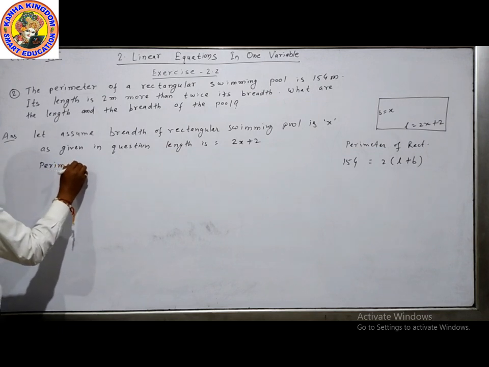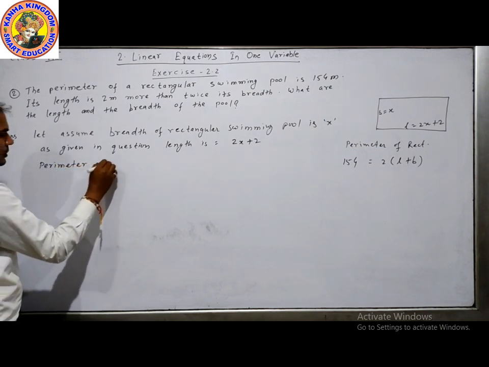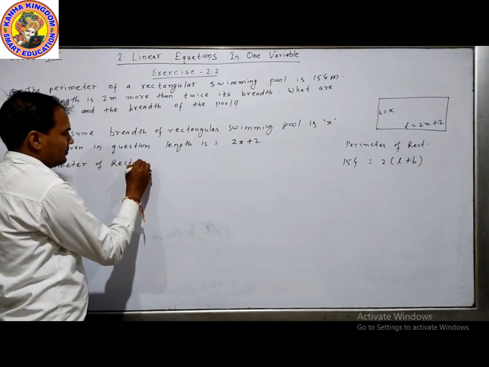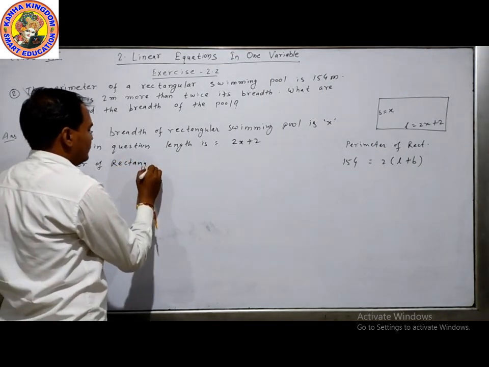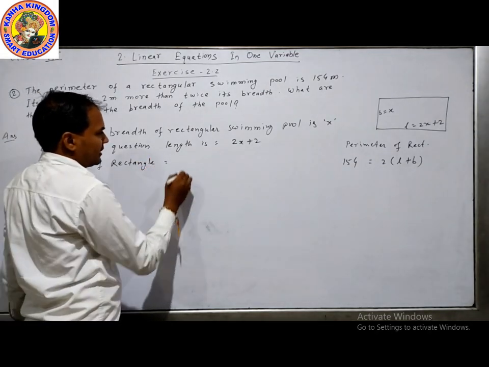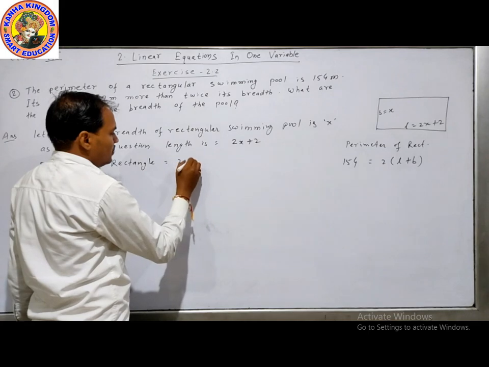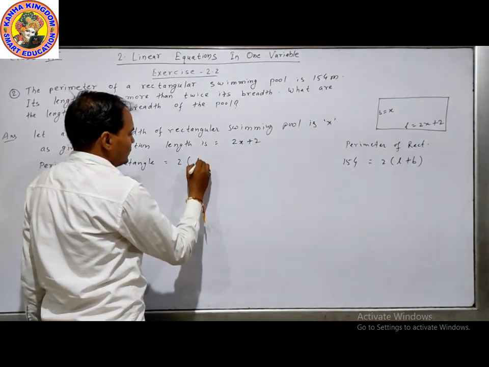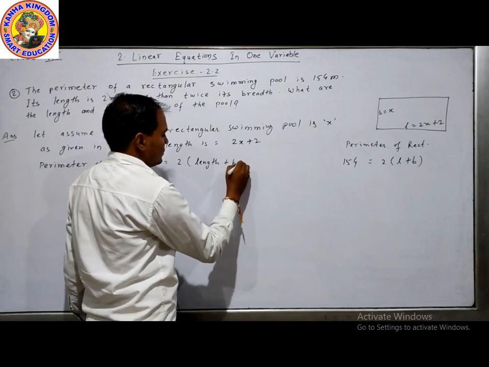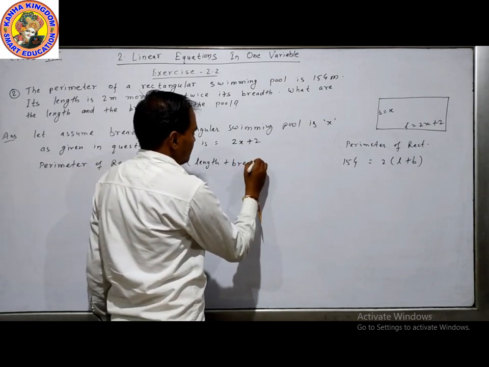The perimeter of a rectangle is 2 into length plus breadth.